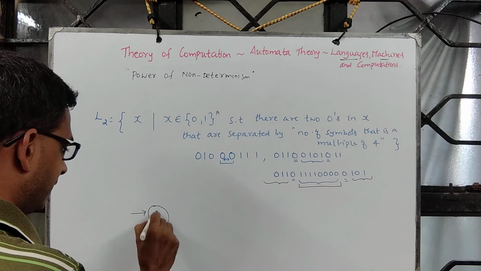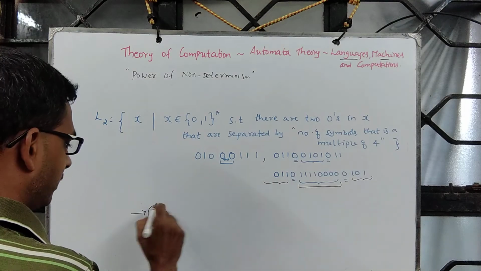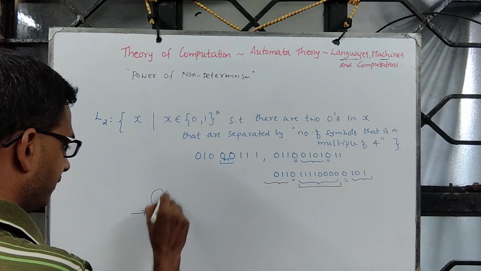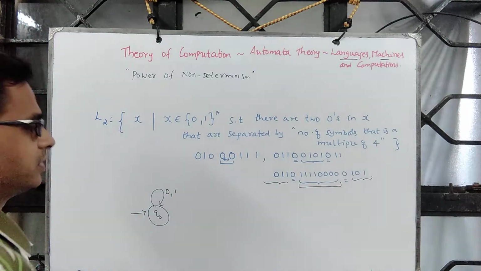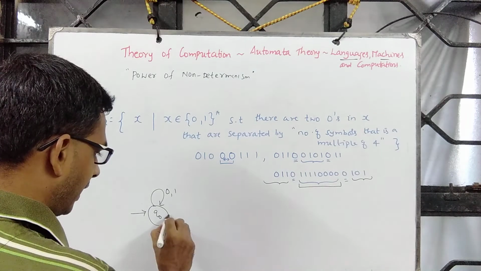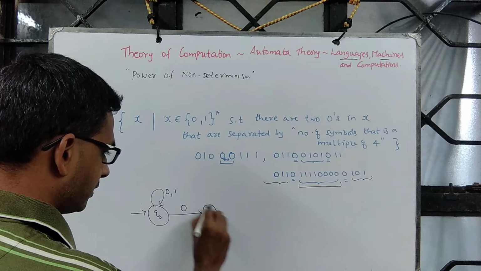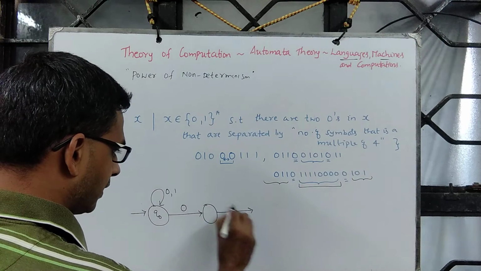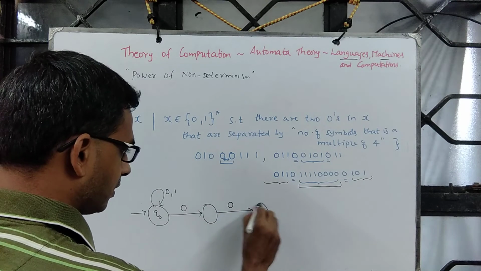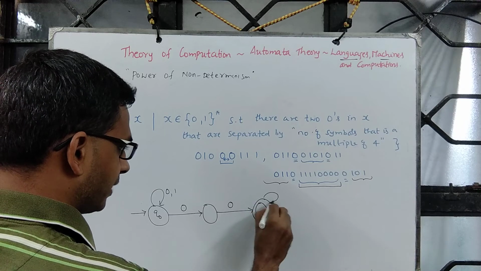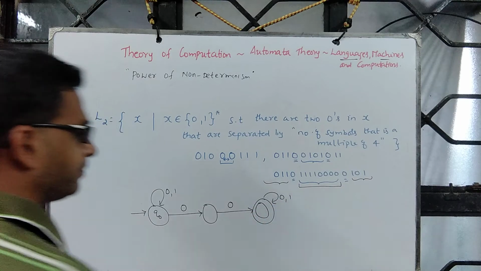Okay. So let us try drawing this picture as an automaton. To start with, it could be any string of 0, 1. And the simplest possible pattern is 0 followed by a 0, followed by any string over 0, 1.